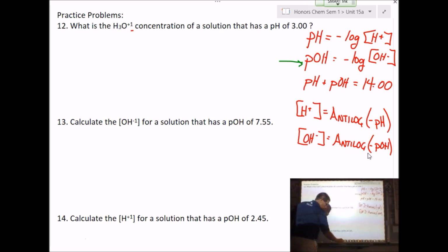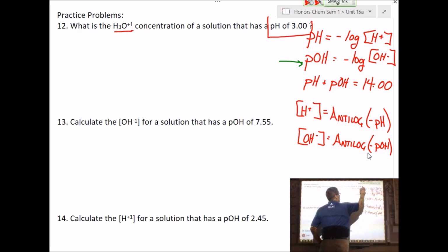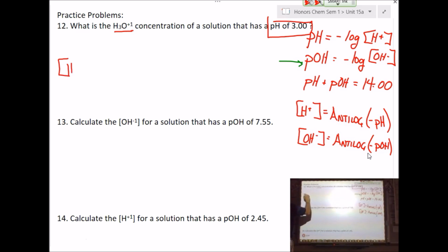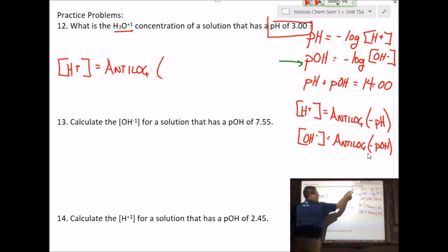All right, so here it wants us to find the hydrogen concentration where you have a pH of 3. So here, we do the antilog of the negative pH, which is negative 3.0. Now, the key here is we have to make sure that your pH is a negative value, because if you didn't, that would be a positive big number, like 1,000, I think, in this case.